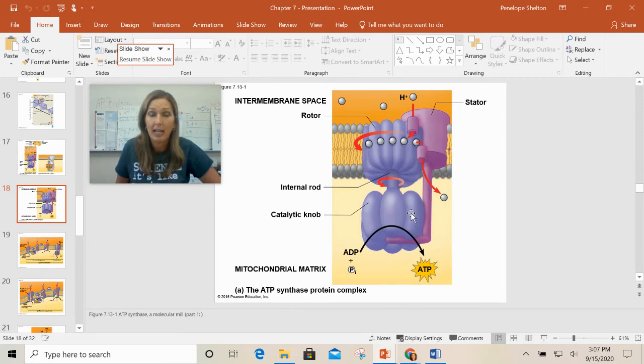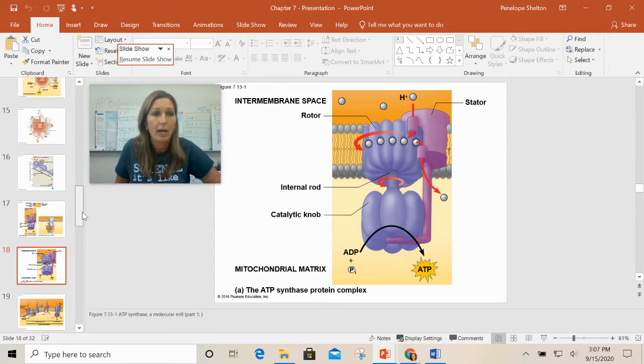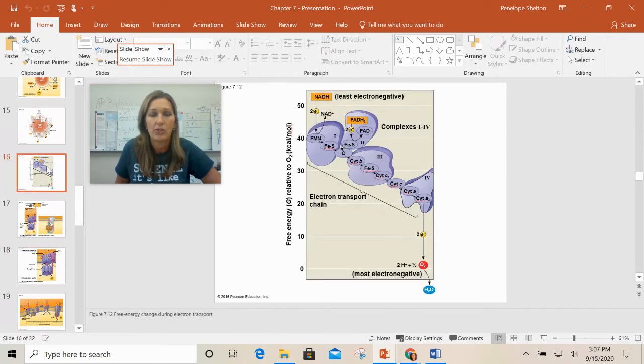But let's back it up a little bit and understand how those electrons and protons got to this place. What I need you guys to first of all understand is membrane proteins in the inner mitochondrial membrane. They are actually organized from higher energy levels to lower energy levels. So in that inner mitochondrial membrane, there are all these integral proteins that are embedded here.